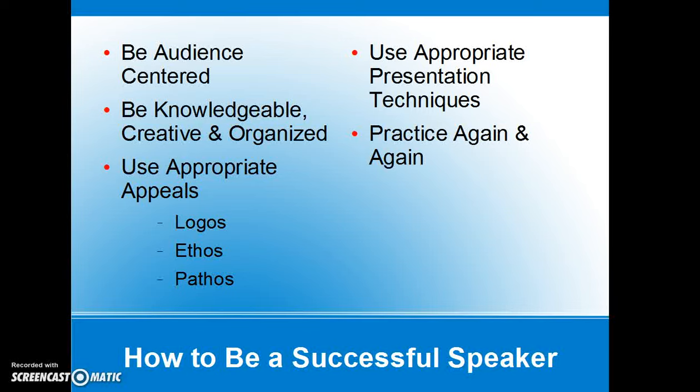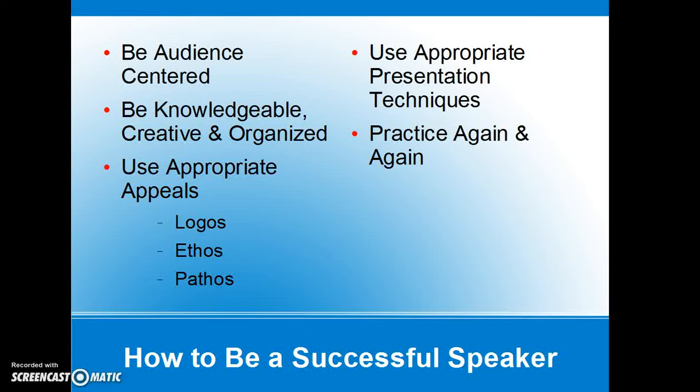Then you have ethos, which is appealing to the emotions of the audience. That's where a lot of stories or a lot of intense emotions or graphic pictures, those kinds of things that will evoke an emotional response from the audience. I apologize, I completely misspoke there. Pathos.